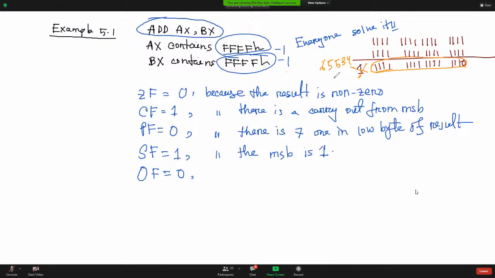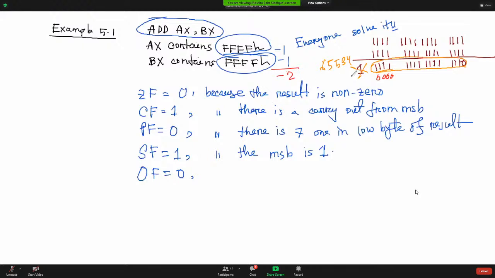But if you consider the signed case, what will be the value? Sir, minus 1? No, what did I say in the last class? You have to take the two's complement. Sir, minus 2. Okay, that is okay.